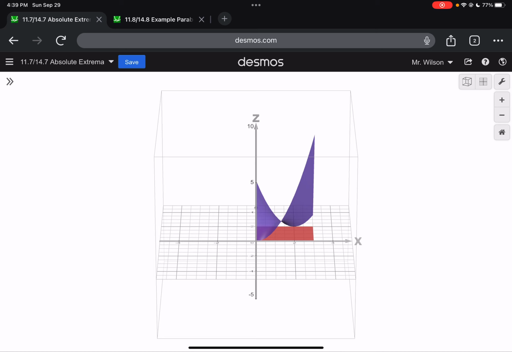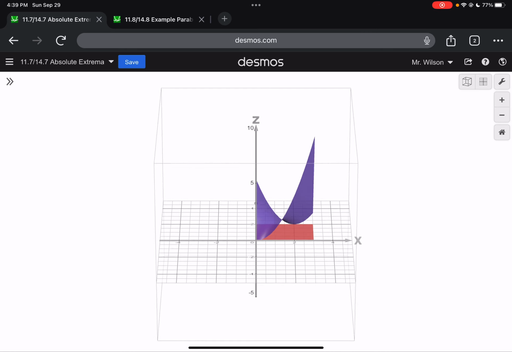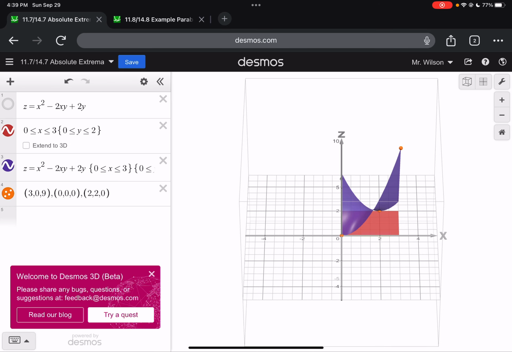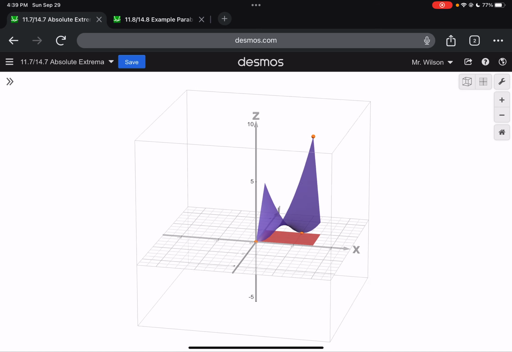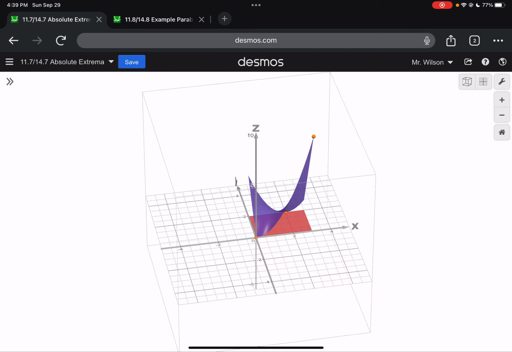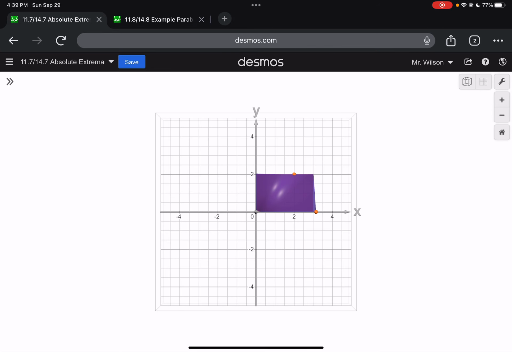It's that really tall one right there. That's at this corner over here at (3, 0). So if I plot those, you can see the points right there. The two absolute mins and the absolute max on this region. So you can see them right there.